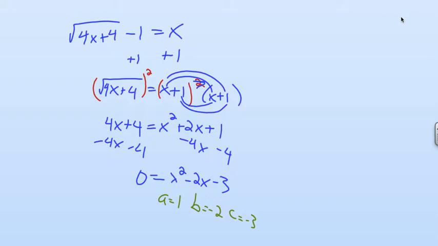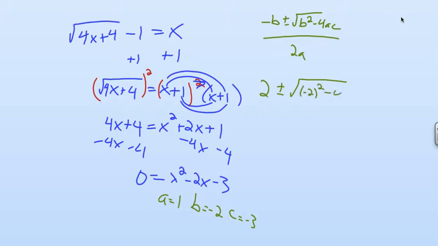The quadratic formula is negative b plus or minus the square root of b squared minus 4ac, all over 2a. Okay, so negative b is going to be just a positive 2 because the 2 negatives cancel out. Then I get negative 2 squared minus 4 times 1 times negative 3, all over 2 times 1.